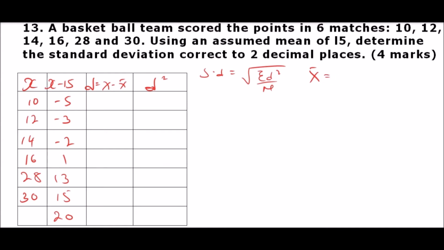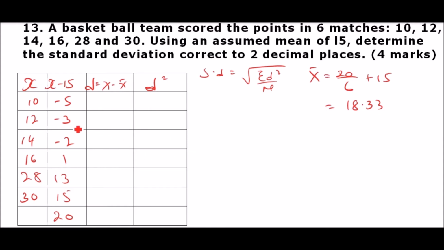We can call this the mean after subtraction of the x data, and then we add 15. So this will give us 18.33 in decimal places.